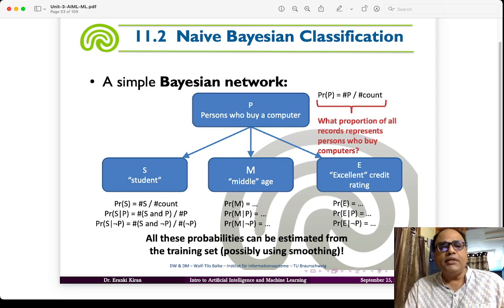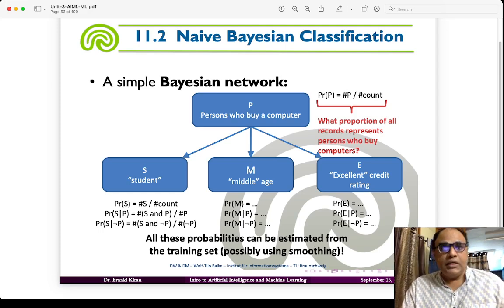We rather have to consider multiple such independent features or independent factors in order to arrive at a decision that, considering if the person is a student and is middle aged and his credit rating is excellent, then we consider the decision can most likely be made that he buys a computer.